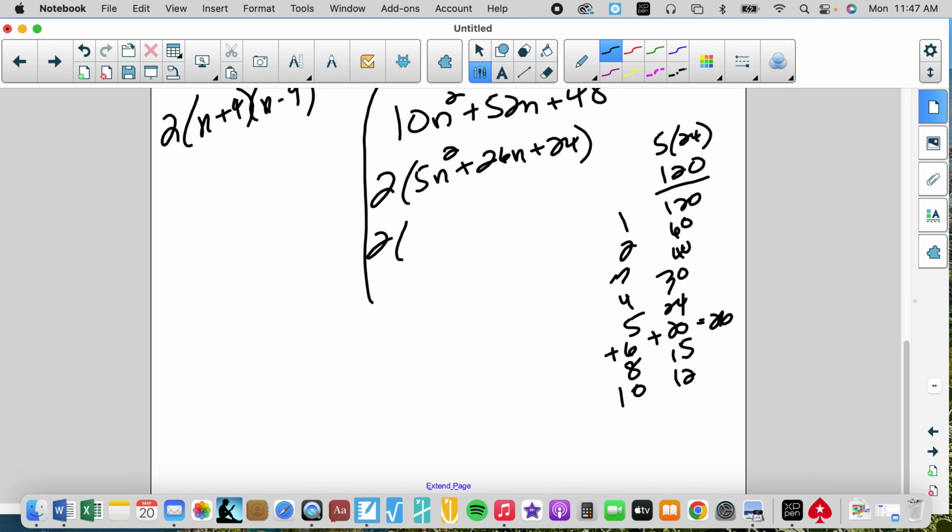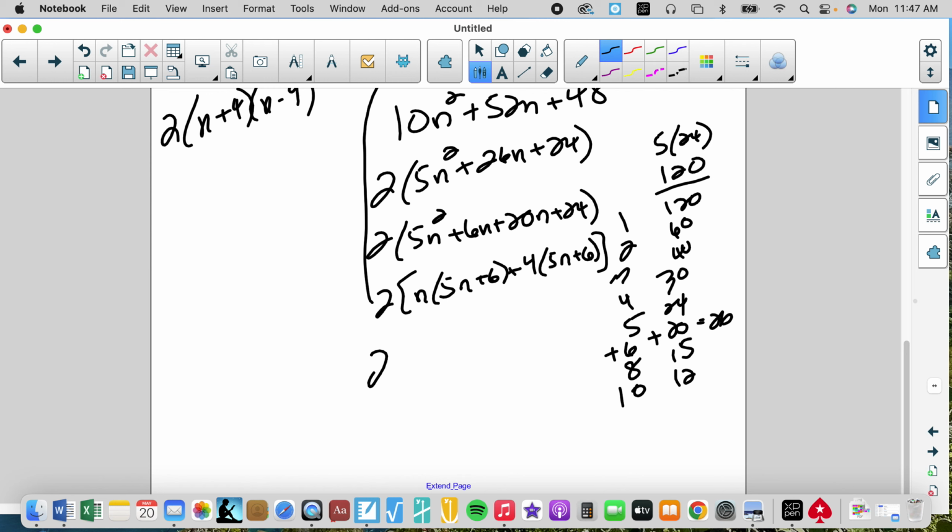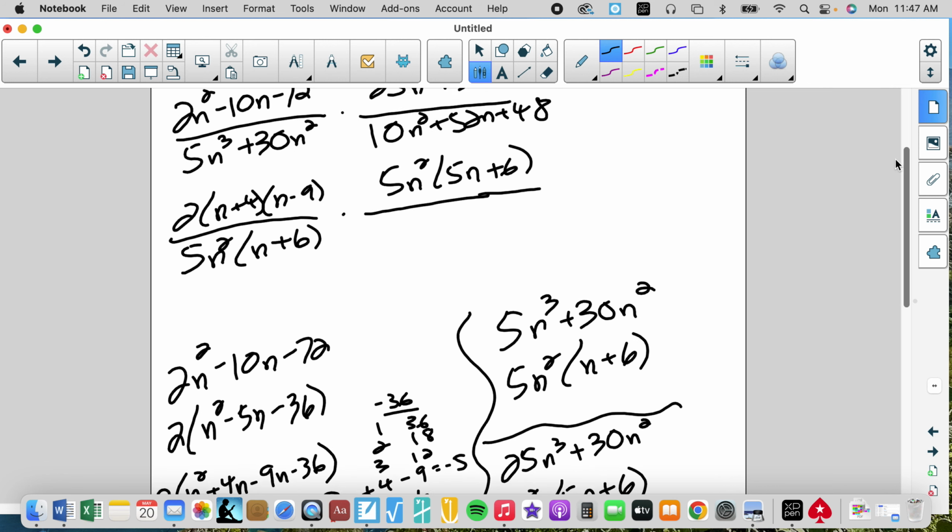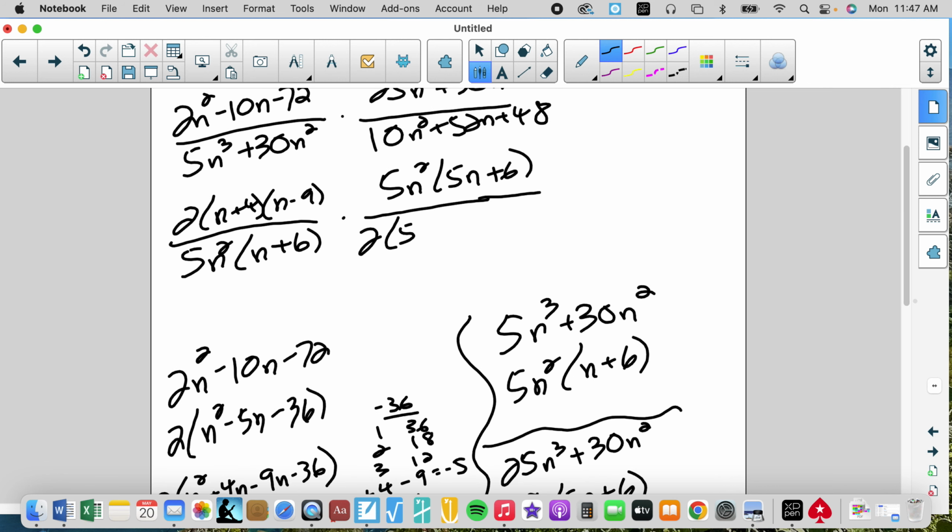So we get 2 times the quantity 5n squared plus 6n plus 20n plus 24. Let's factor out an n, 5n plus 6. Factor out a 4, 5n plus 6. 2 times the quantity 5n plus 6, n plus 4.